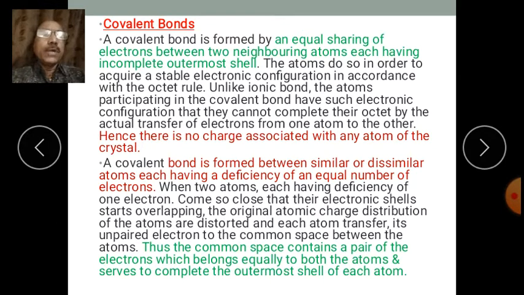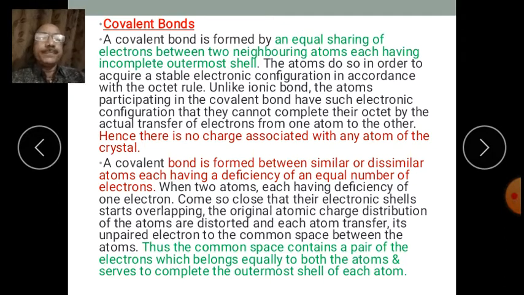So two atoms having a deficiency of one electron each come close and their electronic shells start overlapping. Their original atomic charge distribution is distorted and each atom transfers its unpaired electron to the common space between the atoms.